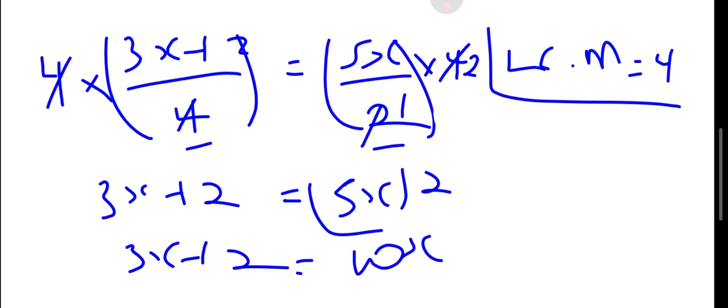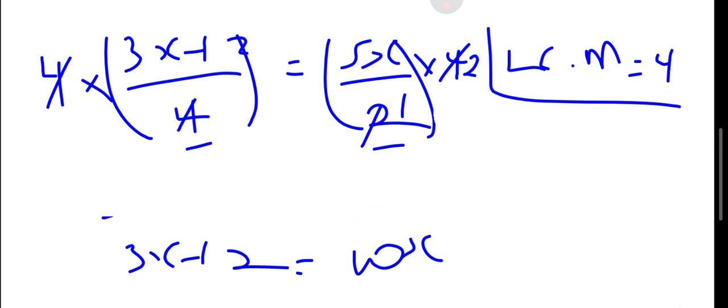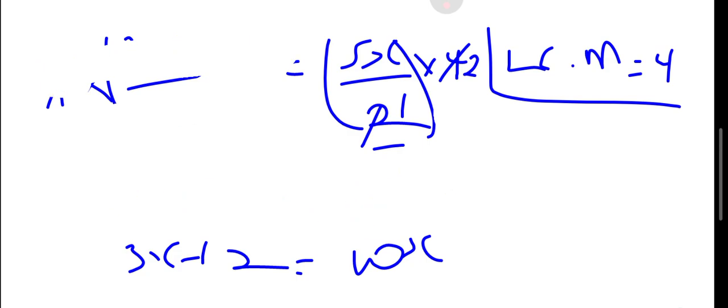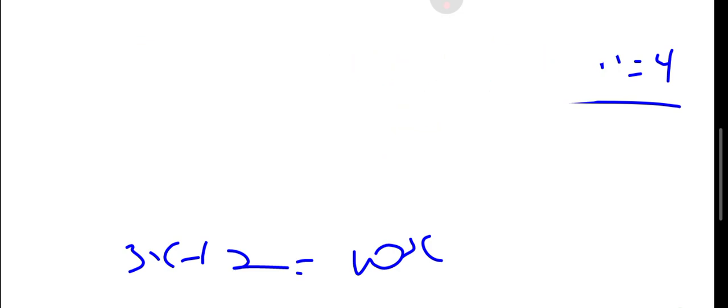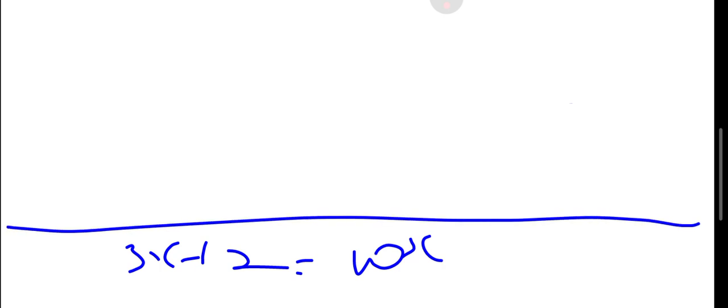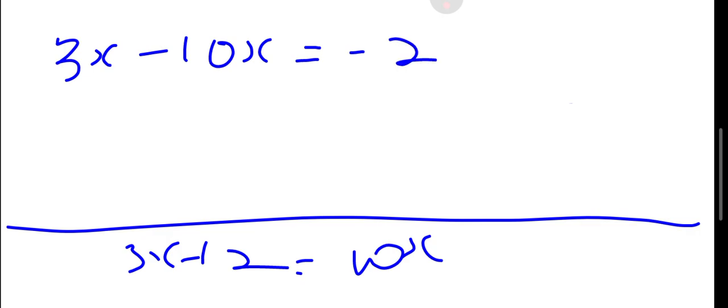So now we group x, we put all x on one side. Right, so we have, okay, let me clean the top. We put all x on one side. So yeah, we're going to have 3x. So we bring 10x to this side. So we have negative 10x is equal to, we send 2 to the other side, becomes negative 2.